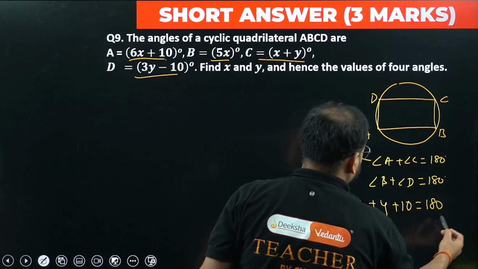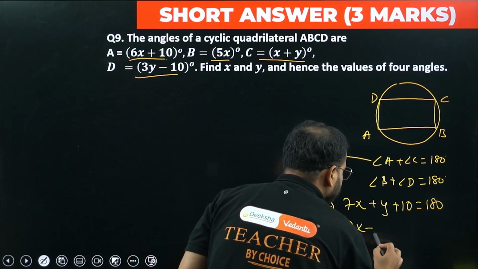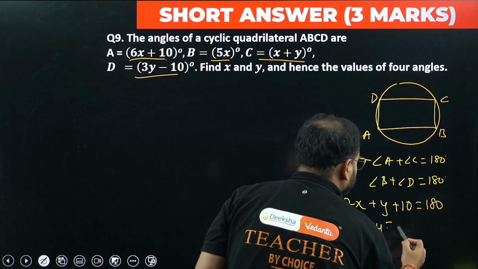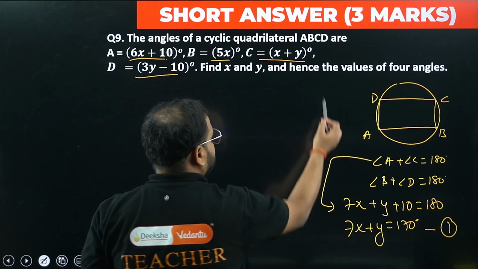This is my equation number 1. So I can rewrite this as 7x plus y equals 170 degrees.